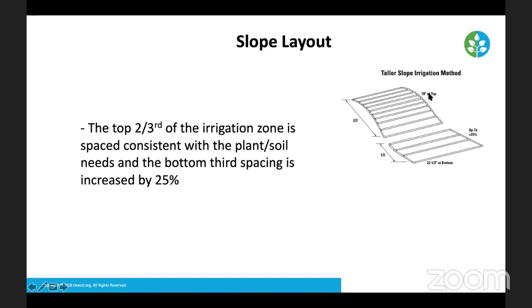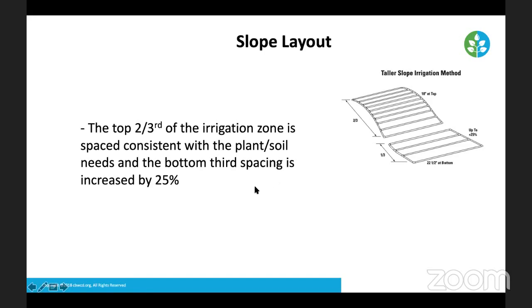We would keep it at 18 inches, and then the bottom we would expand it to up to 25% larger gaps, because when you water a slope, the upper part of the slope tends to hold more water, and then water runs off and captures due to gravity in that bottom third. So spacing out the emitters will allow for, we won't be overwatering on that bottom slope.